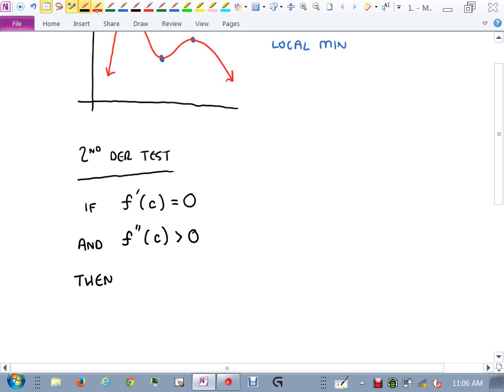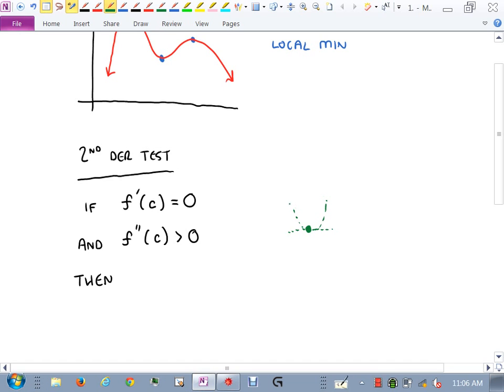Now, the graph of this. What we're saying is that at some point, our first derivative is 0, meaning we had a flat tangent line there, right? And then the second derivative being positive meant we're concave up, which means our graph must look like this.